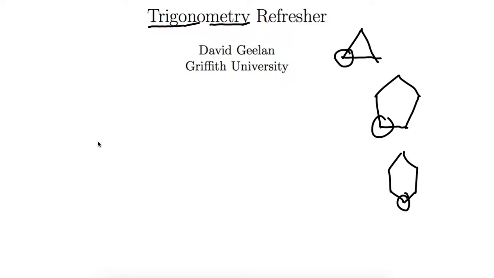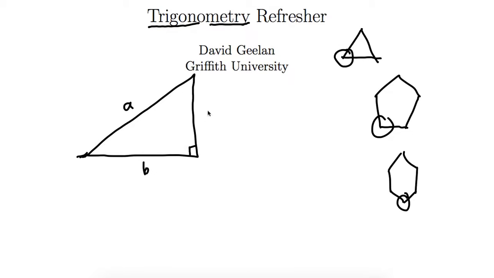So it starts off in right angle triangles. Draw one. So in right angle triangles we have Pythagoras theorem. Let's call the hypotenuse A in this case, and the other two sides B and C, and good old Pythagoras says A squared equals B squared plus C squared.